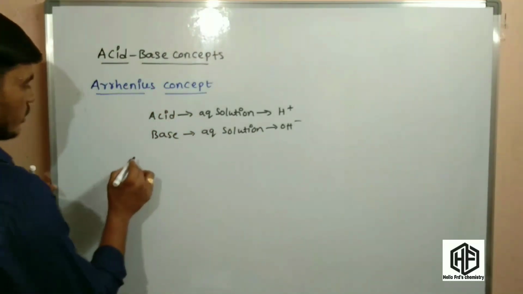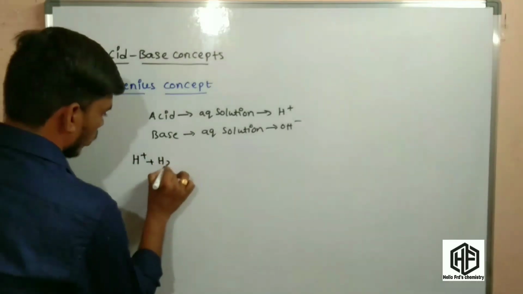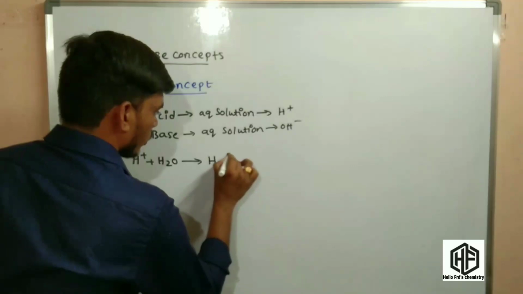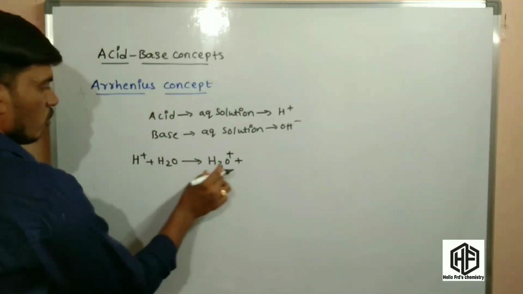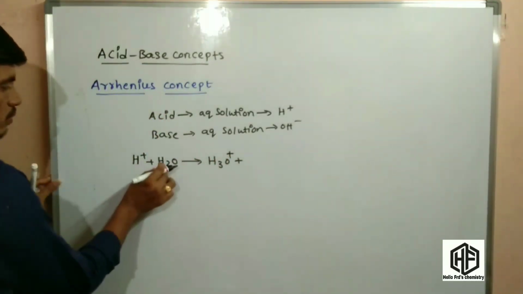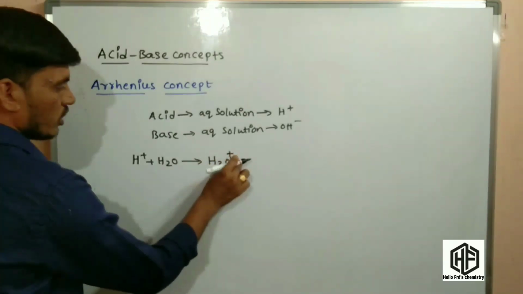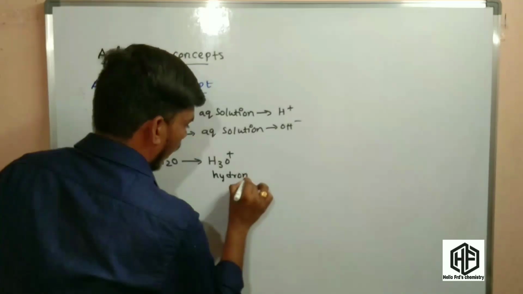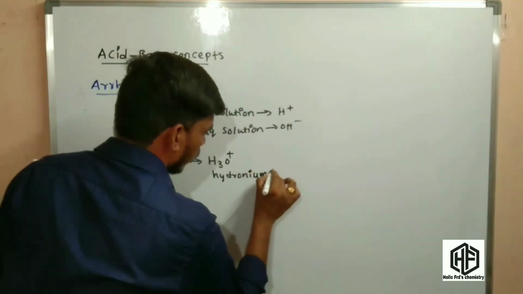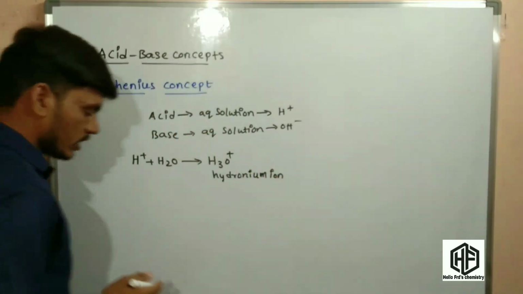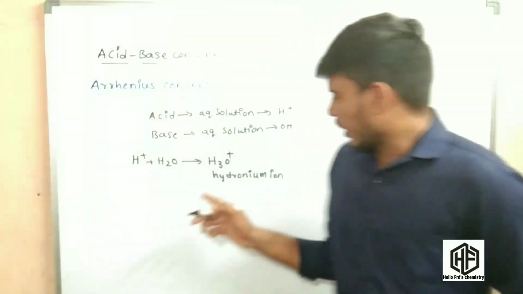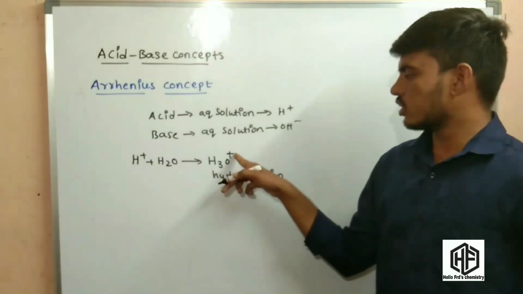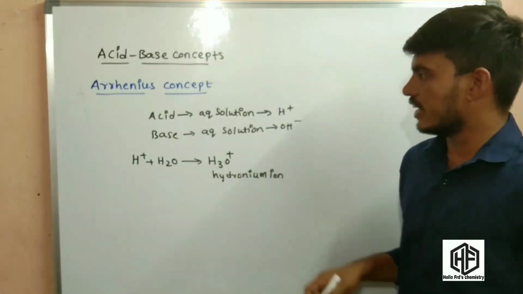One more point: H plus with H2O, meaning aqueous, forms H3O plus. In aqueous solution H2O plus H plus gives H3O plus, and this is called the hydronium ion.